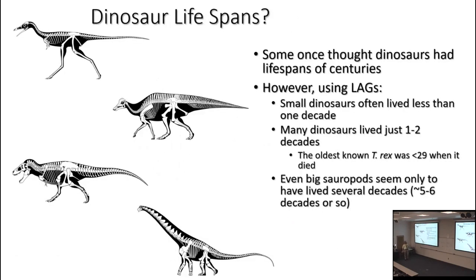So, again, dinosaurian lifespans, as I mentioned, we once considered the possibilities. They might have lived for centuries, literally. Modern giant tortoises can live for centuries, barring accident or disease. There was a tortoise that recently died that was collected by Charles Darwin in the Galapagos.